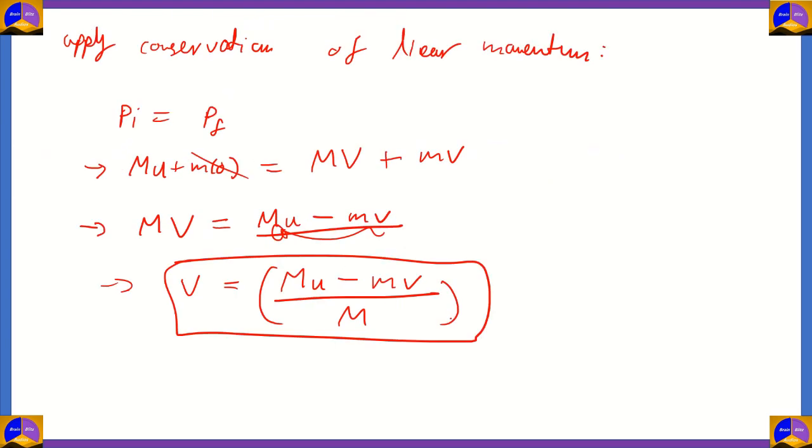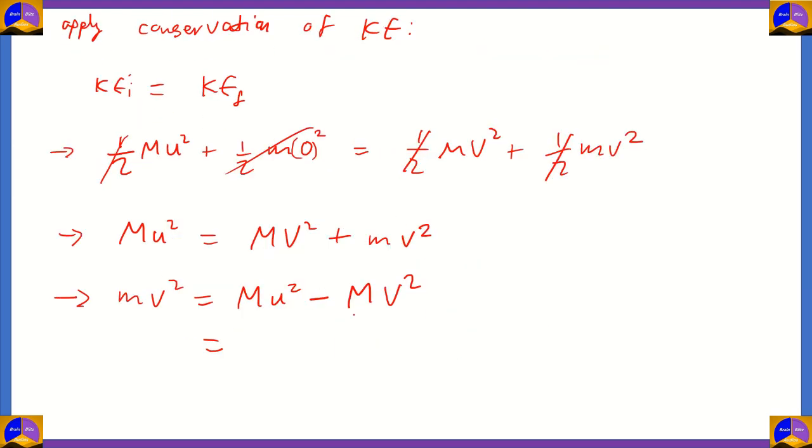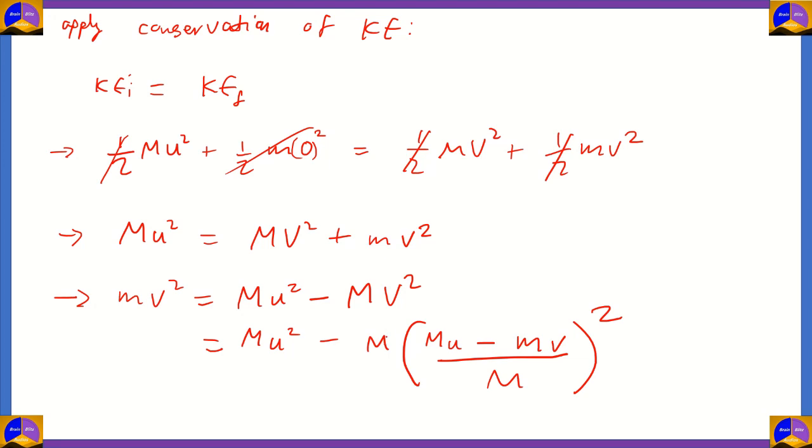So remember, we had a relation for V. So now we'll apply that over here. So we have M u squared minus M times, we put in the relation, M u minus m v divided by M, squared. So the M outside will cancel out the M in the denominator here.